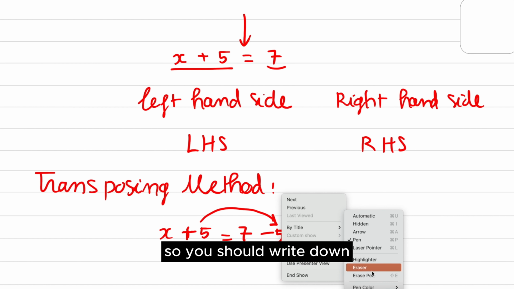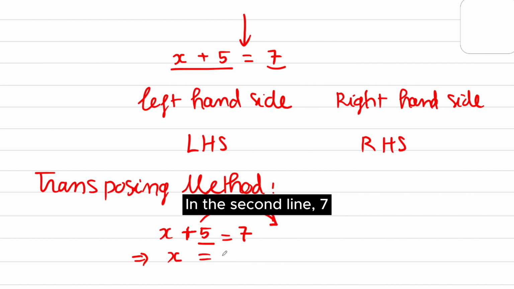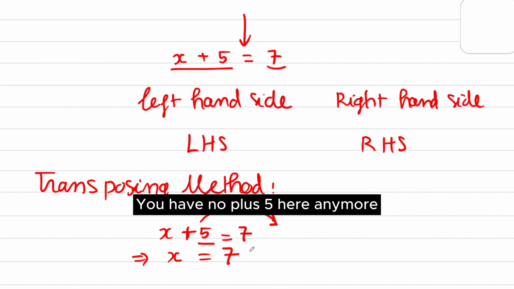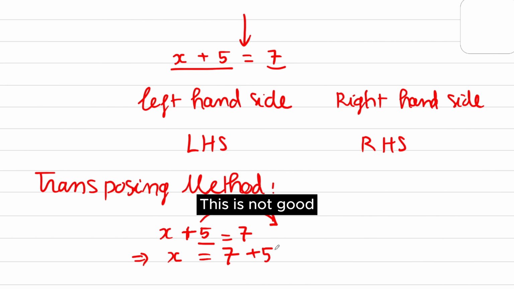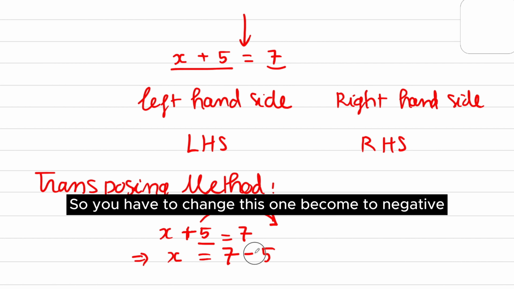So after transposing, in the second line you write 7, and you have no plus 5 here anymore. This is not right, so you have to change this one to negative.